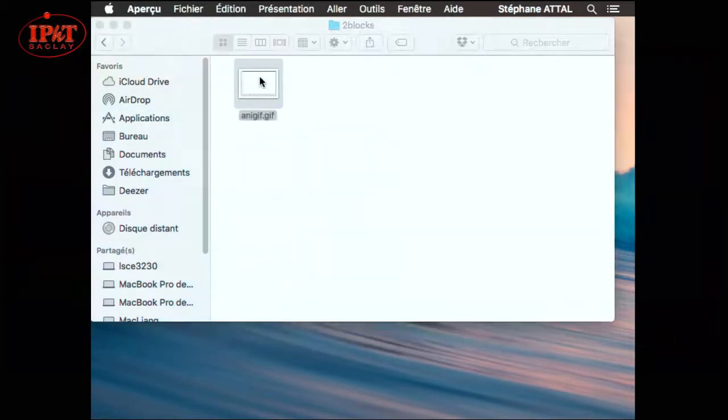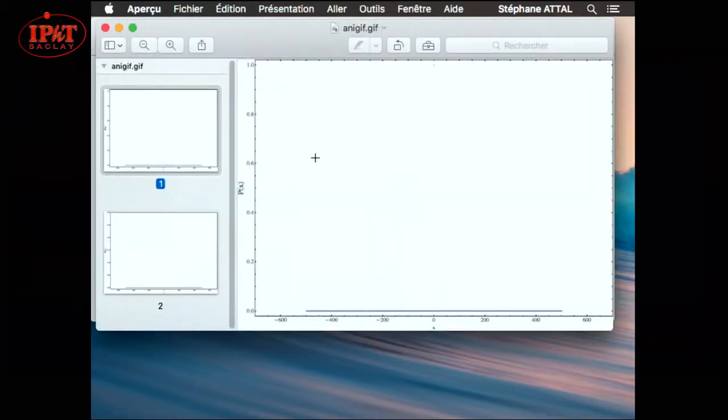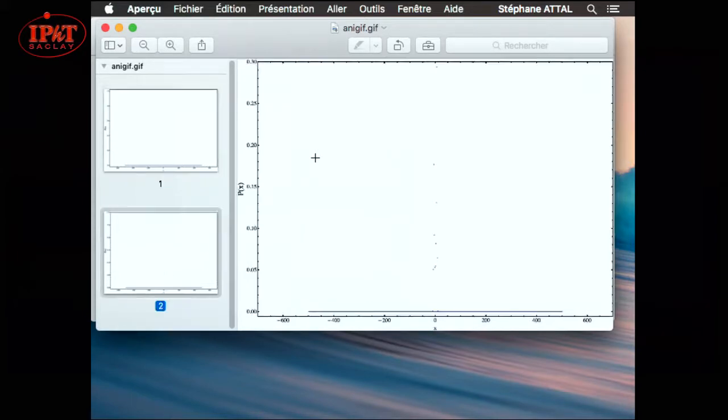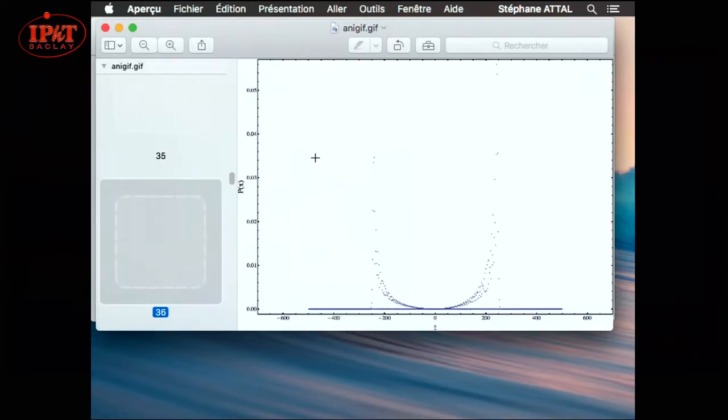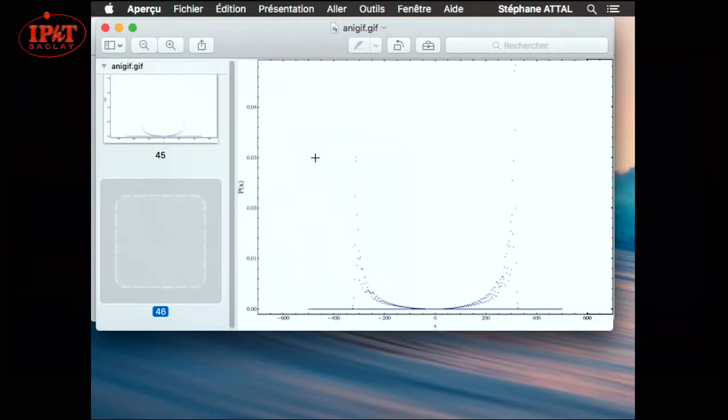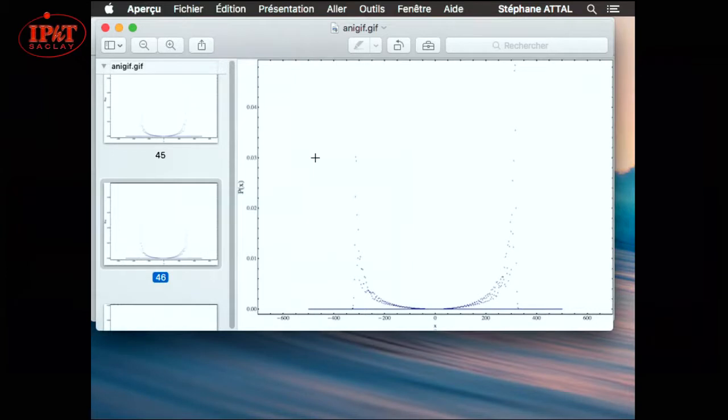Two blocks, I think it's not very interesting. Let's go. It looks a bit like Adamar, but it's not. But so you have these two blocks. So you see, the idea in what I'm going to show you, the different examples: you have blocks.